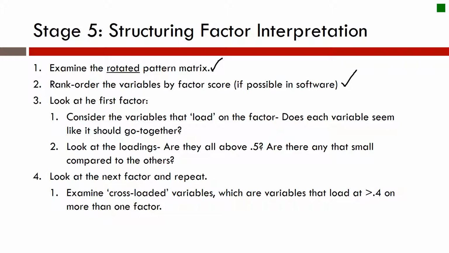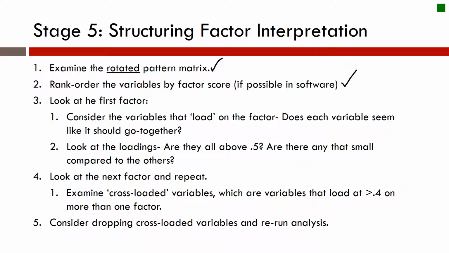So generally that's problematic, and we don't want to really have that happen. So we want to take a look at what we call cross loadings to make sure that we are not in violation of that. If we choose to drop a variable, then we need to drop a variable and then rerun the analysis and look at the results.